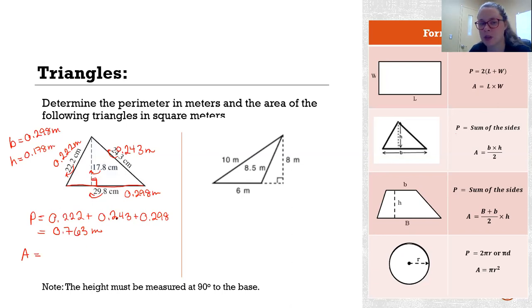So if I find meters or centimeters, those kinds of things, change your units right at the beginning because it is just a decimal place. So our area is going to be base times height, so 0.298 meters times 0.178 meters, all divided by 2, which gives us a measurement of 0.027 meters squared.